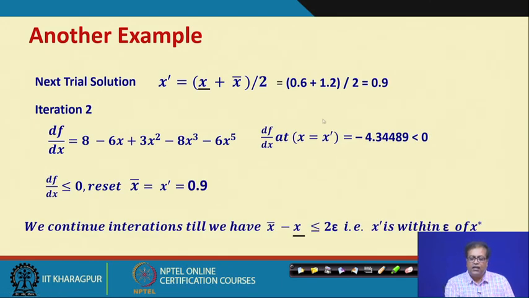So, again we take the average and we get 0.9, and again if we take the gradient we find this time the gradient is negative, that means it is on the other side, that means reset the x bar now, that is the upper limit, to x dash equal to 0.9, like this we continue.